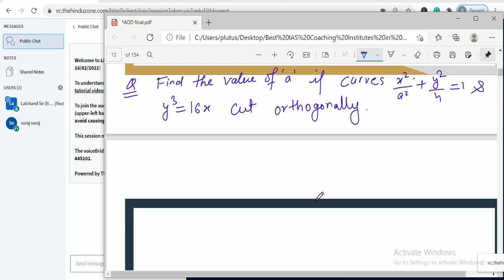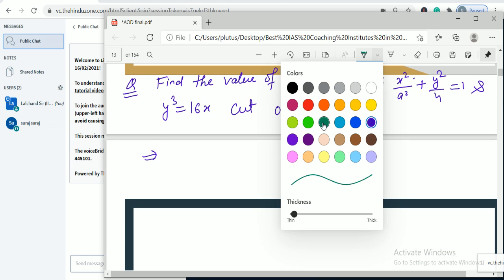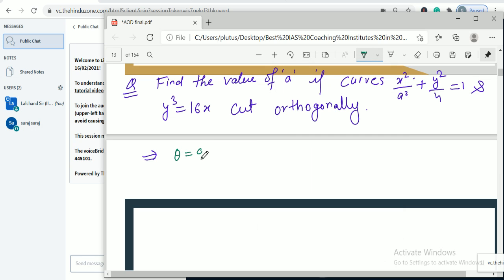So we can say the product of their slopes will be minus 1. So simply that means theta equal to 90. If theta equal to 90, then the product of their respective slopes m1 and m2 will be minus 1.